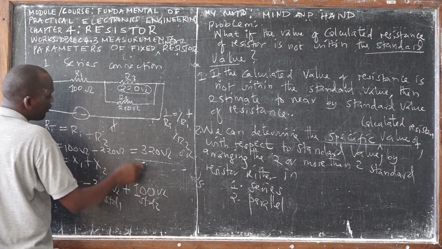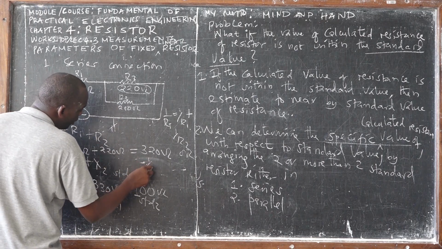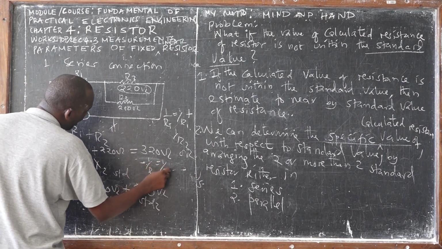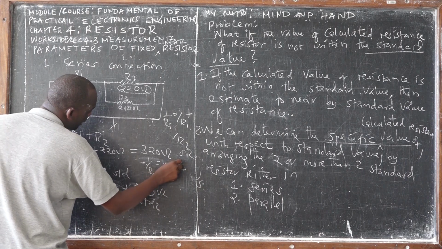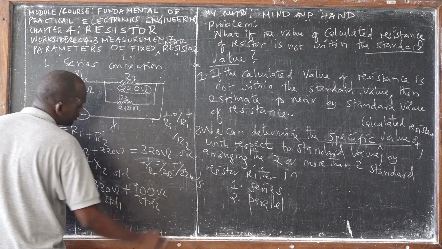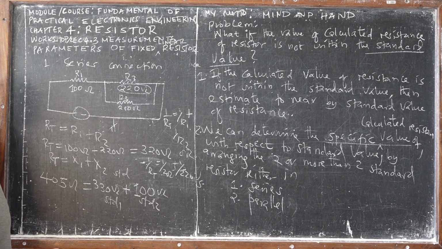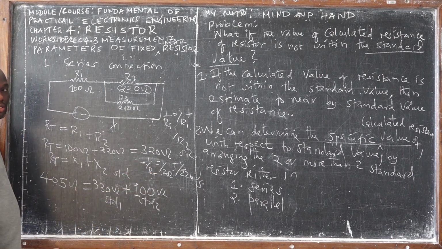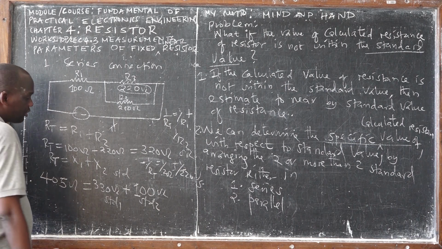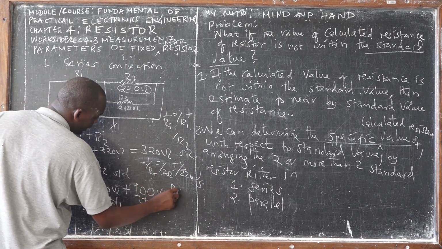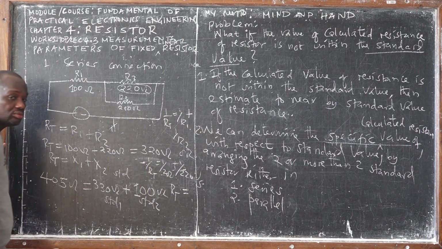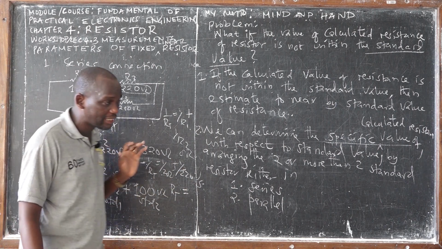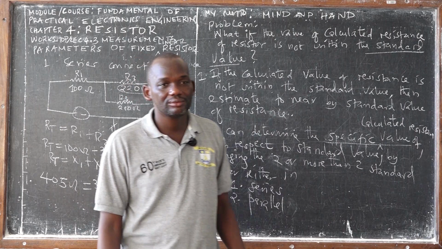So for parallel connection in this case, it is still 1 over R total is equal to 1 over 200 plus 1 over 220. Once you compute that, you have to reciprocate. So our total will be a certain value, which might not be a standard value.